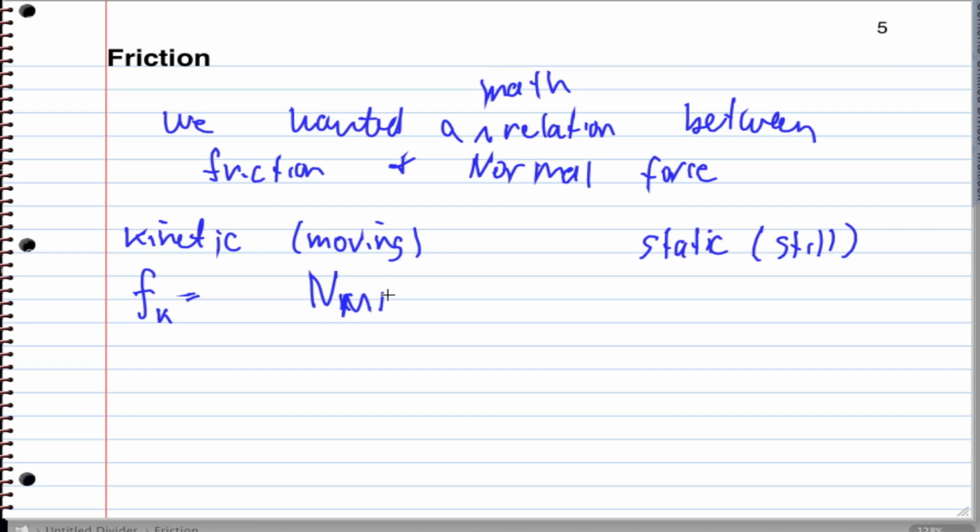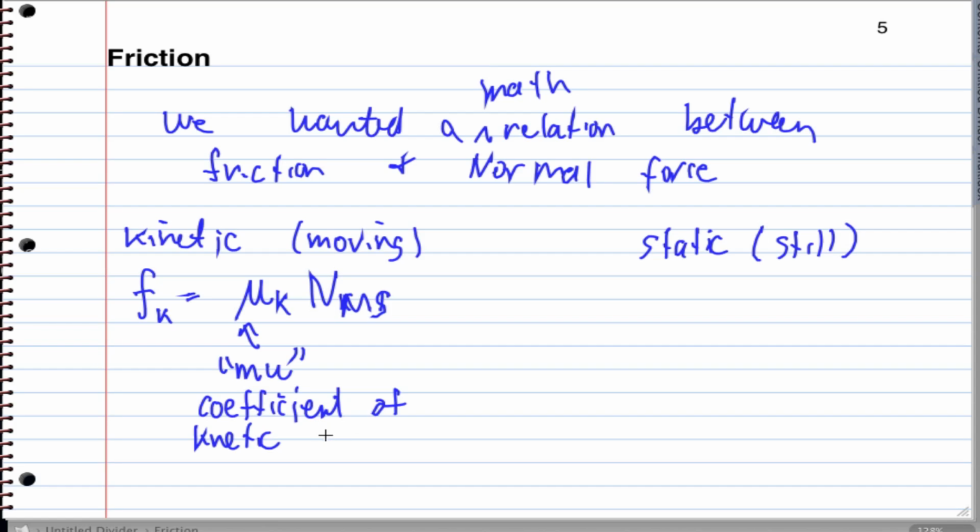So this is normal on the mass due to the surface. And we call that proportionality constant, we read this, it's called mu. That's the Greek letter. And it's called the coefficient of kinetic friction. And this is the slope of that graph that you actually got in lab.